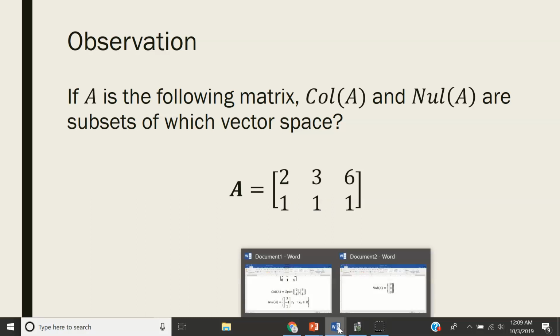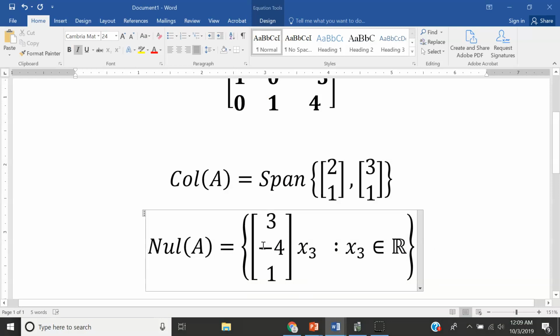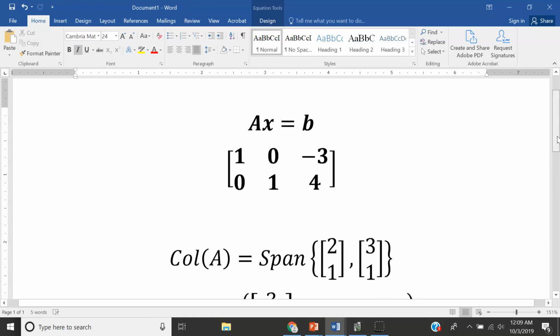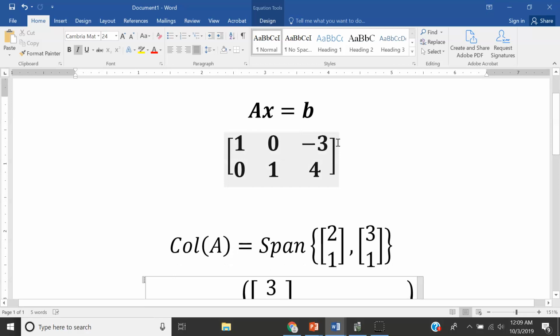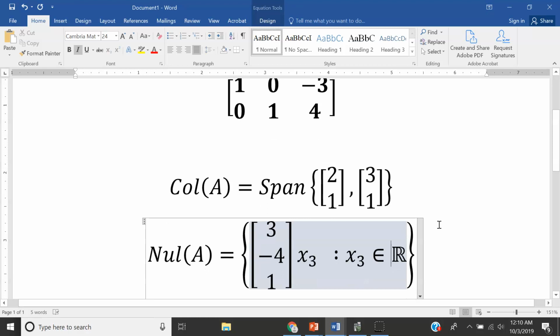The null space had to have vectors with 3 entries because we had 3 columns. But the column space had to have vectors with 2 entries because we had 2 rows. So again, the column space is a subset of R2, and the null space is a subset of R3.